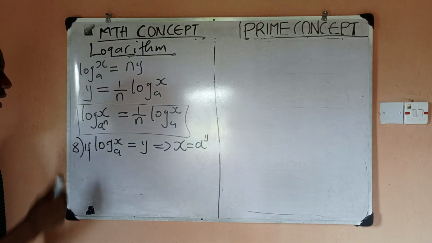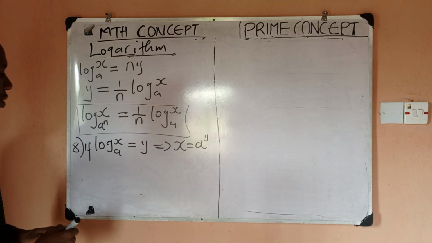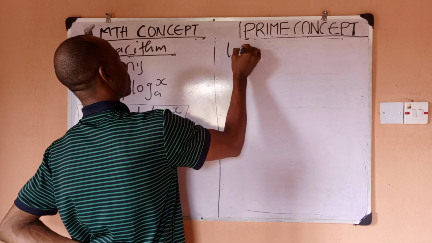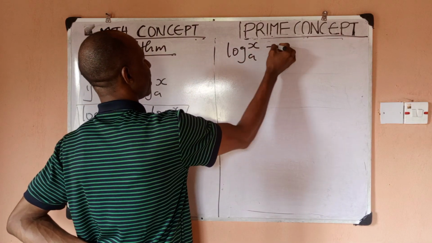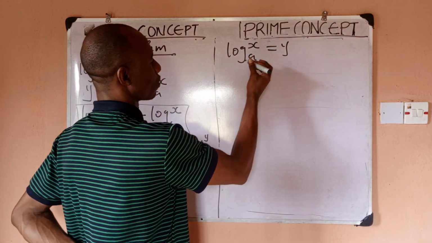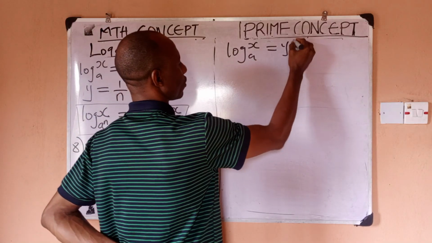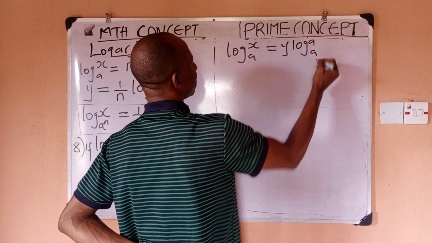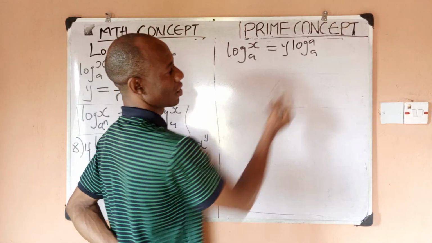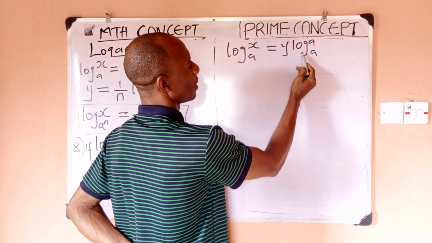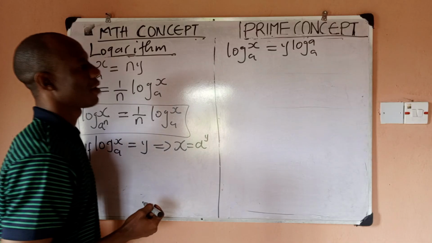So if this is true, let's quickly show that it is true. I have that log x to base a equal to y. Now quickly, I can attach log a base a, and I wouldn't have changed anything because log a base a is 1. 1 times y is y, and I still have that.